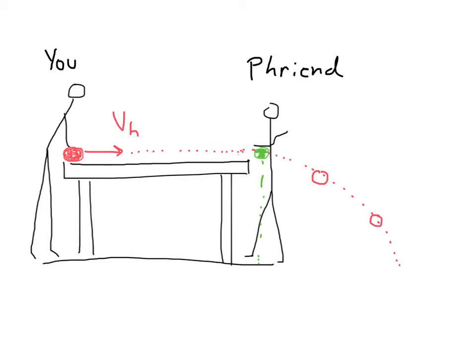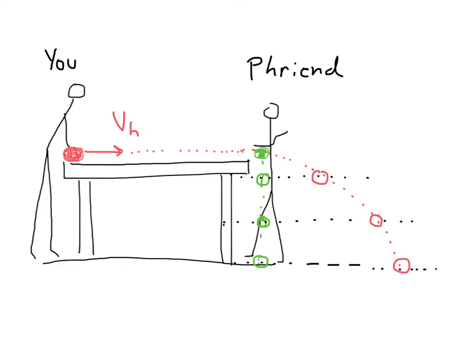And let's just say a third second, you hit the ground. Your friend's ball, what you'll see is that after 1 second it's going to be here. After 2 seconds it's going to be here. And then after 3 seconds it's also going to hit the ground. And so this vertical distance that they both fall is going to be equal.